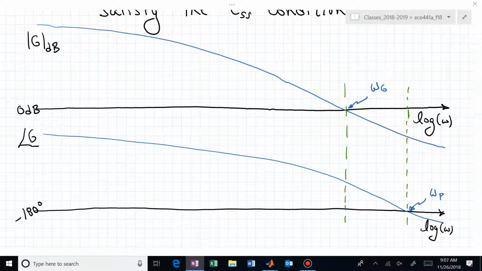What does that really mean? That means how much can I crank up the gain before I reach this critical value of magnitude of 1 at an angle of minus 180. If I adjust the gain in this system, does that modify the phase curve?